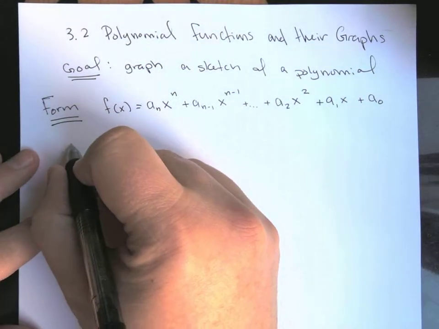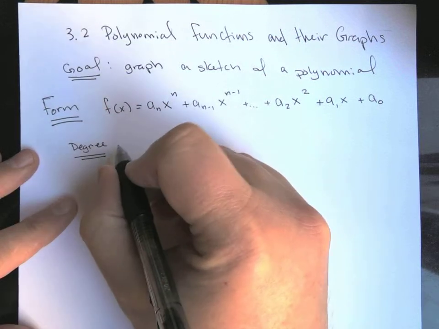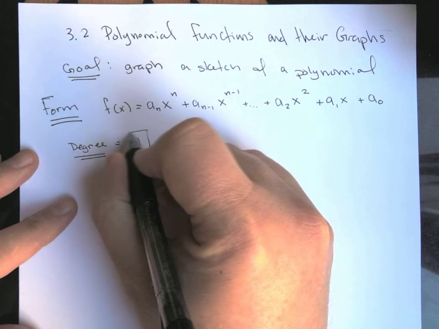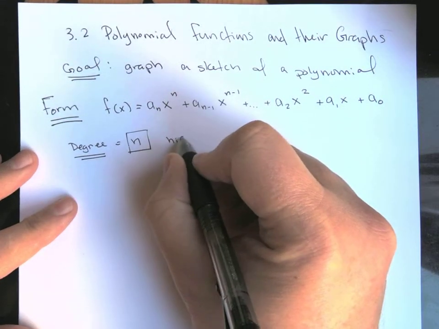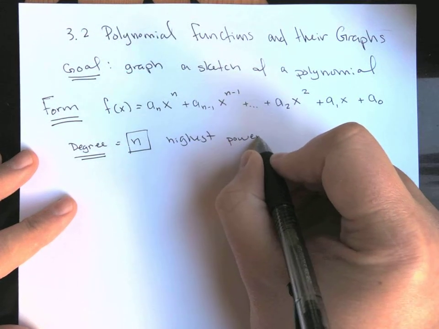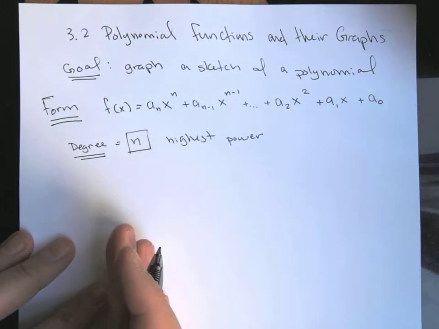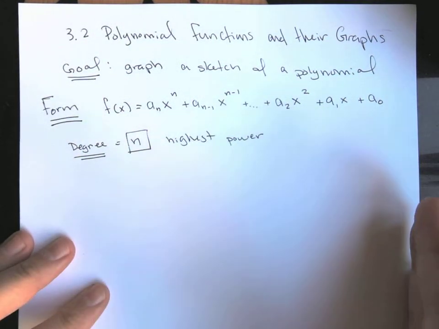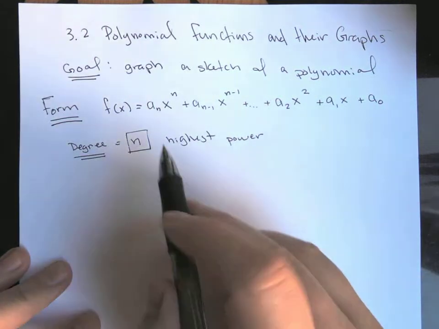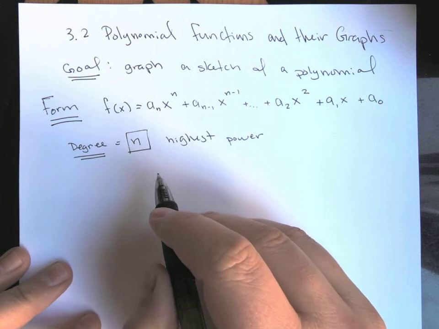So the degree of a polynomial is whatever the highest exponent is. That's going to be our value n, the highest power. By default, we're always going to be writing our polynomials in descending order, so biggest terms on the left down to the smallest. So whatever our first term is, we're going to get our degree from there.